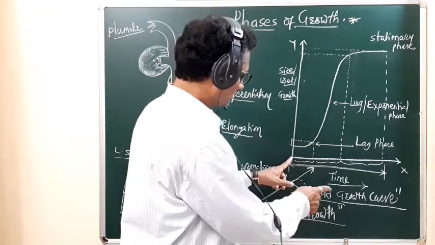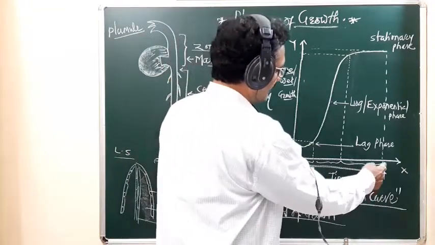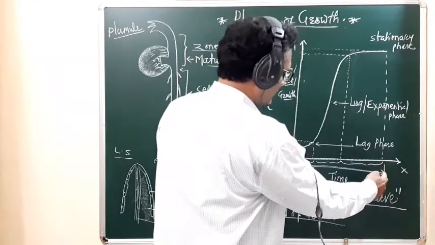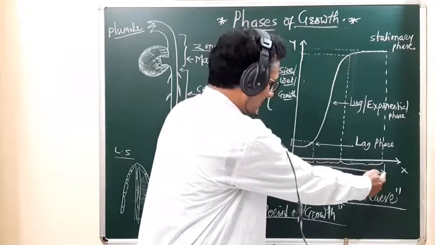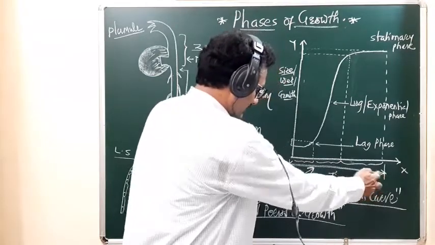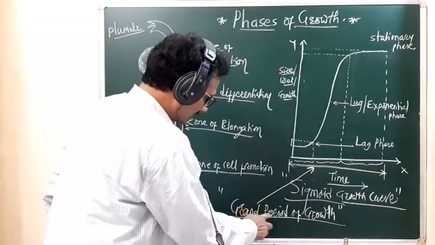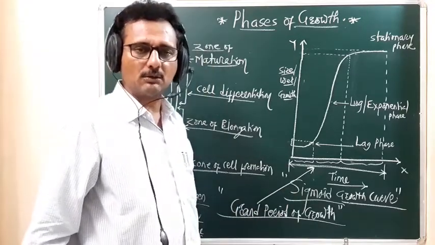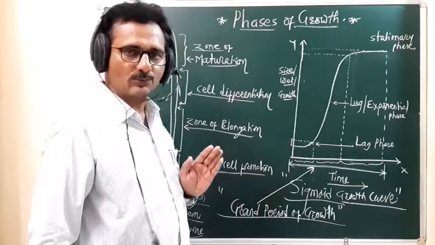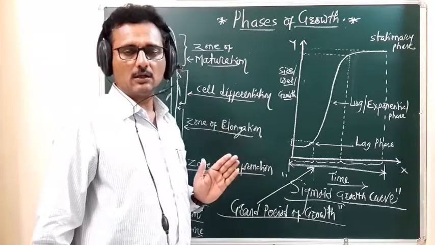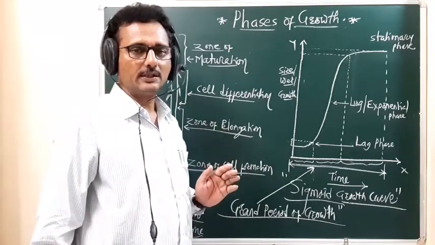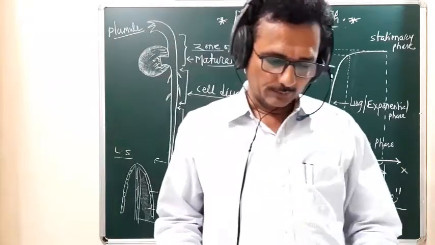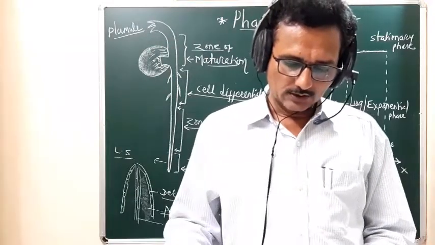Suppose the growth begins from this point and is completed at this point, then this much time is required. This time required is called the grand period of growth, meaning the time required to complete the three phases of growth. So remember, student.